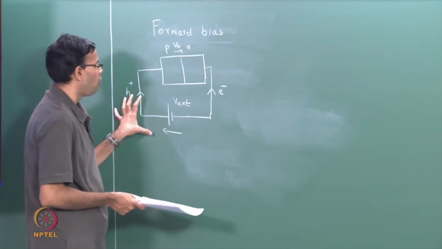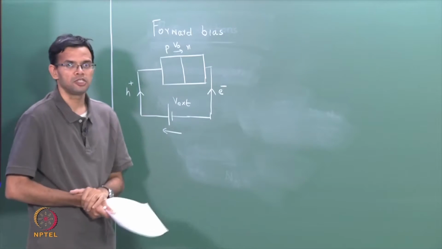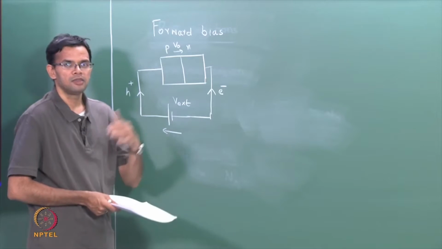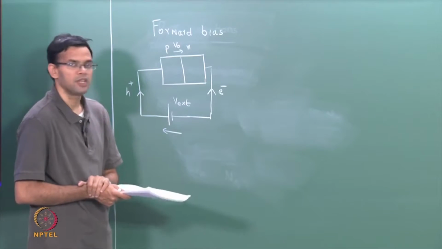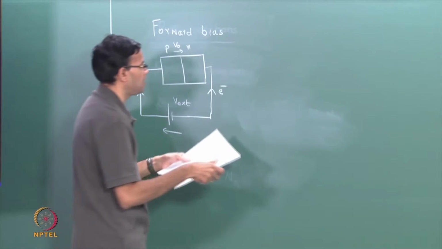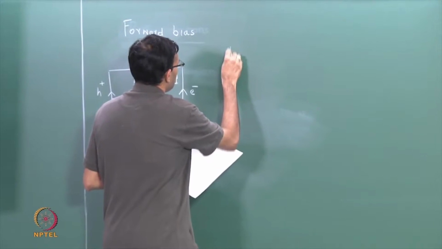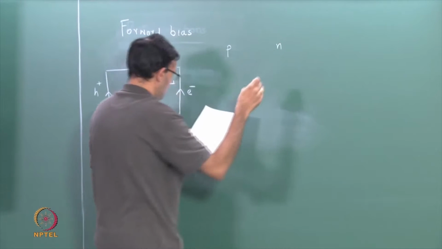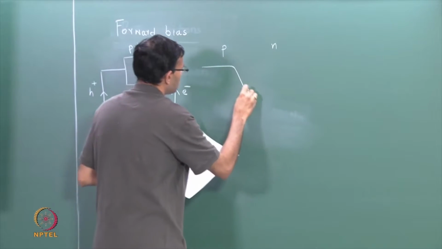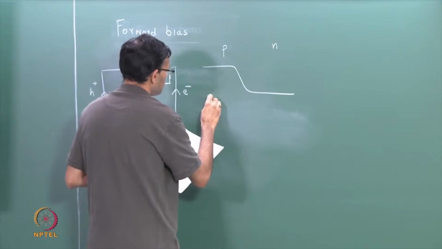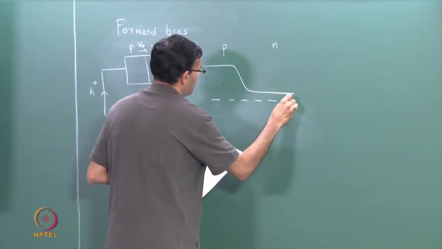So, in the case of forward bias, because this opposes the contact potential, the barrier is lowered, and we can show this again in the energy band diagram. So let me draw the energy band diagram first in equilibrium. In equilibrium the Fermi levels line up.